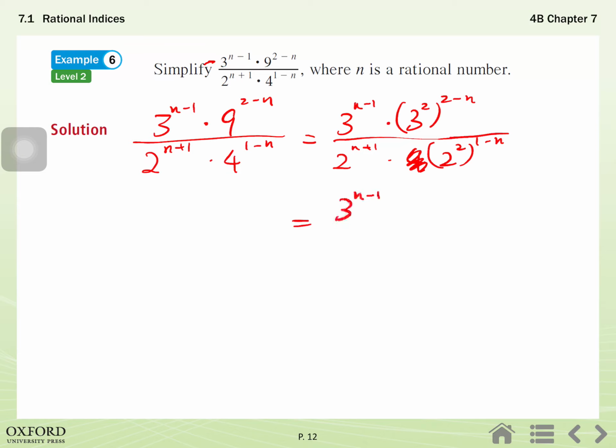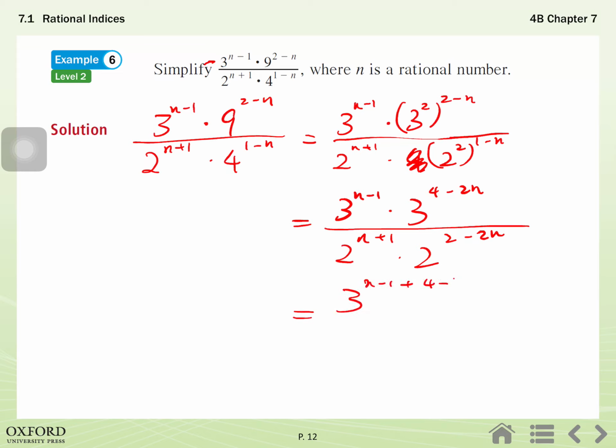Next, you can choose to keep the brackets or not for the index. I will try to remove the brackets here first, and then next one will be n minus 1 plus 4 minus 2n. So this is an addition.